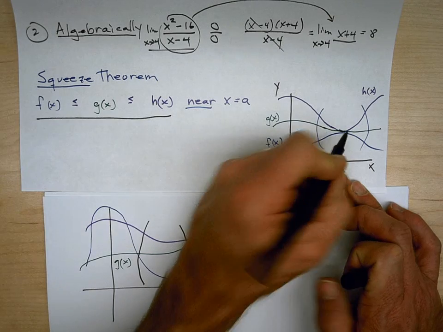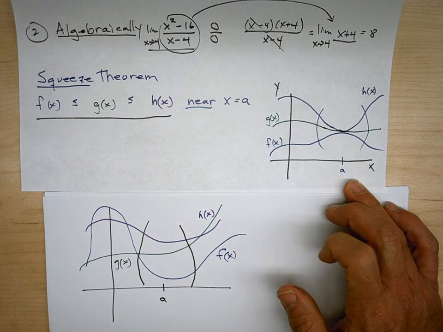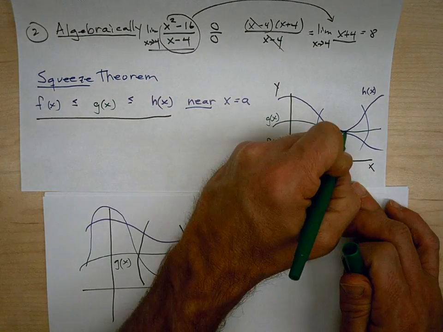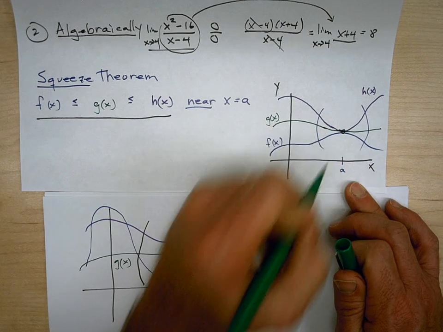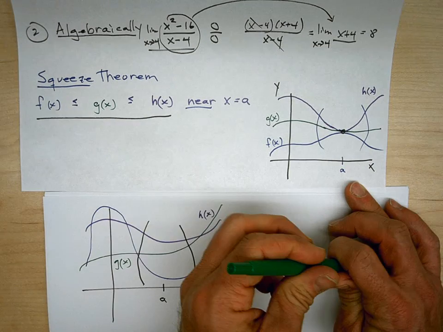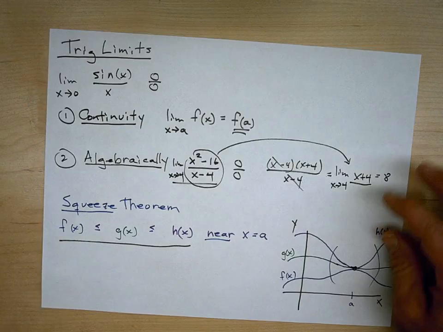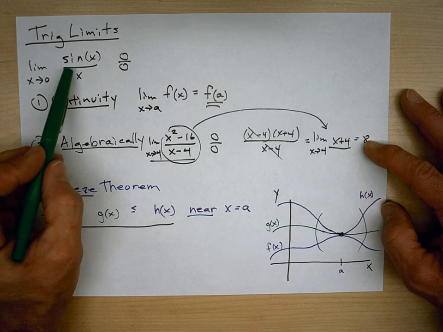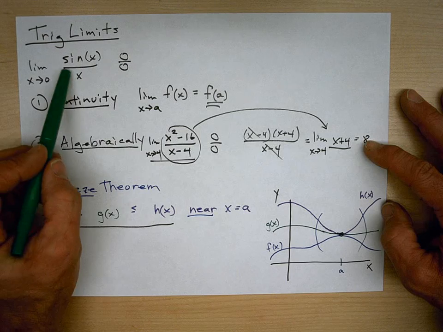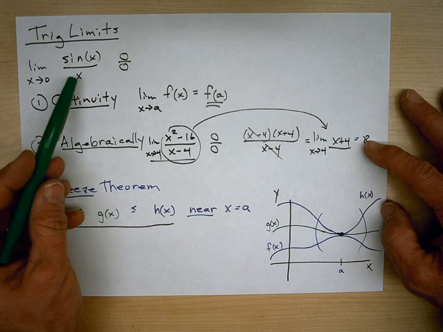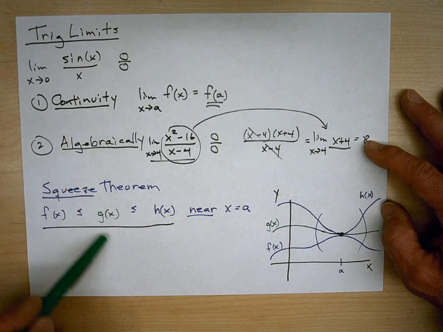And this point for G may or may not be defined. So let's put a hole there. It could be undefined at A. And in fact, that's likely when we would use the Squeeze Theorem. For example, here, this is undefined at 0. So we'll see how we might be able to use the Squeeze Theorem to find this one.